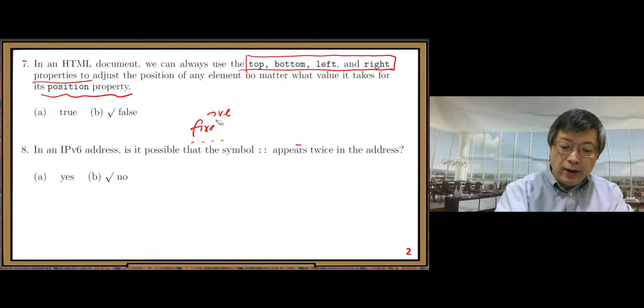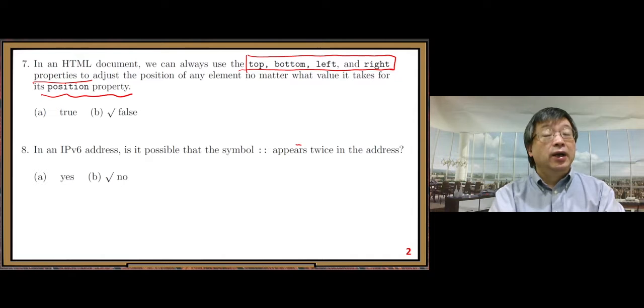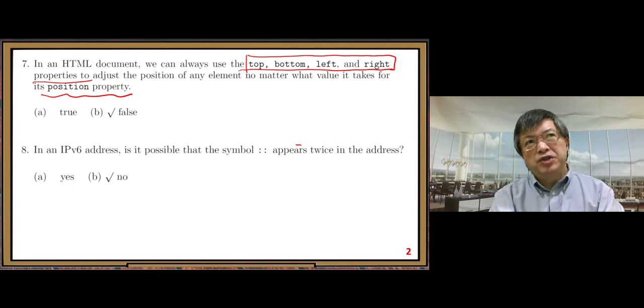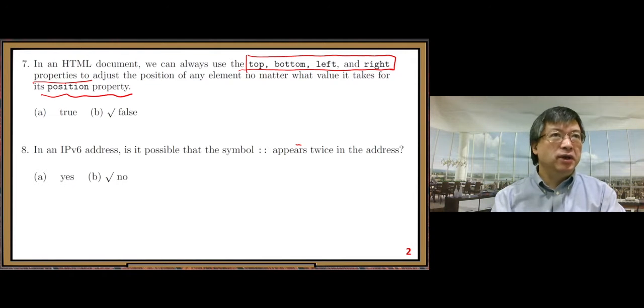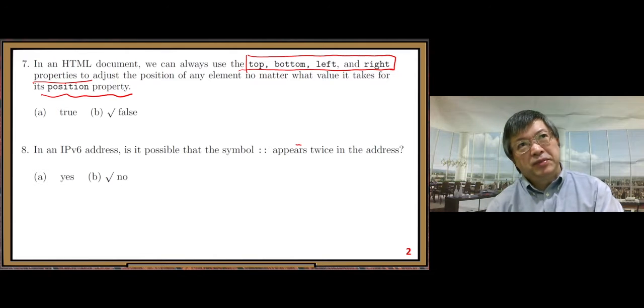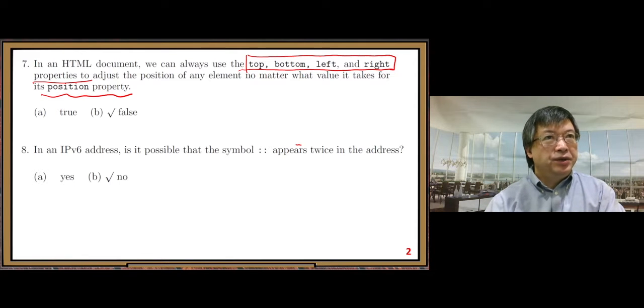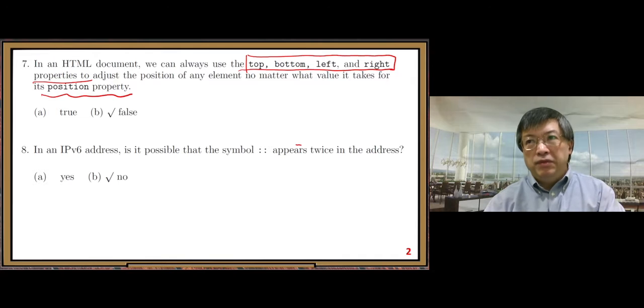Number 8, about the IPv6 address. In your homework assignment, the missing rate for this question is very high. As I remember, very, very high, higher than 50%. So for that reason, I feel I need to give you another question about this topic.